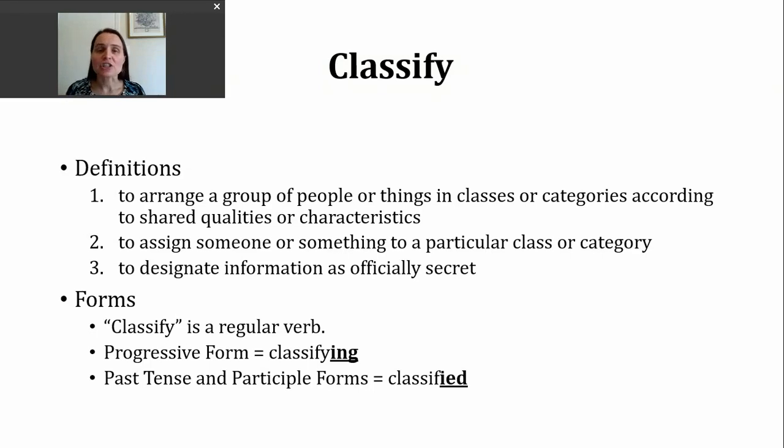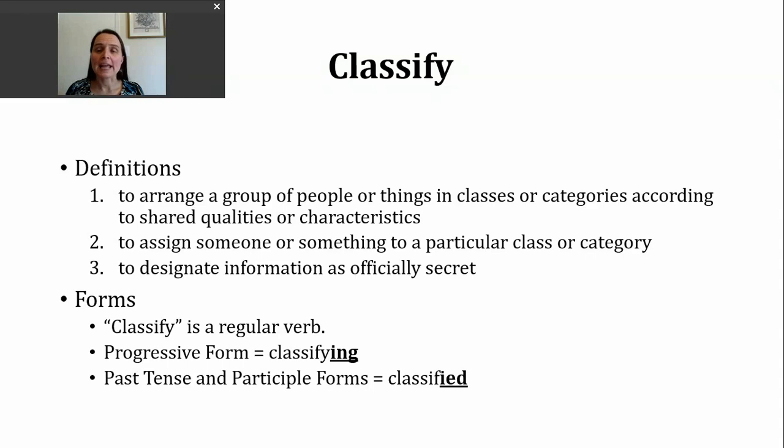The second definition is to assign someone or something to a particular class or category. So again, these two definitions are very closely related, and it's that idea of putting things or people into groups.